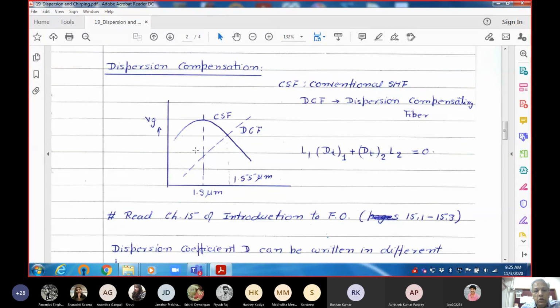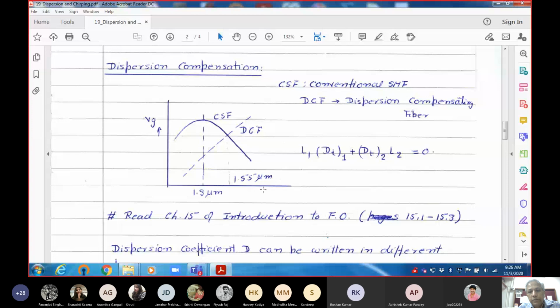If I use this fiber at 1.55, I have not shown the dispersion curve, but it should be clear to you: the dispersion coefficient would be positive in this region. So if you use 1.55 micron wavelength in the same fiber, the fiber would have some positive dispersion. What should be done then to compensate this positive dispersion?